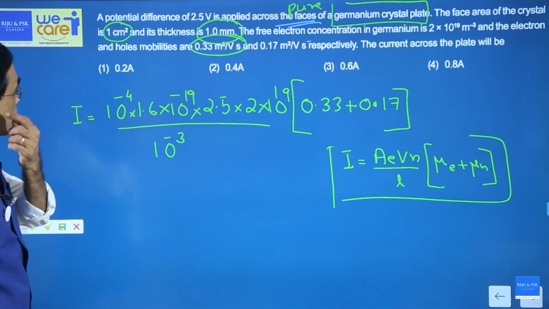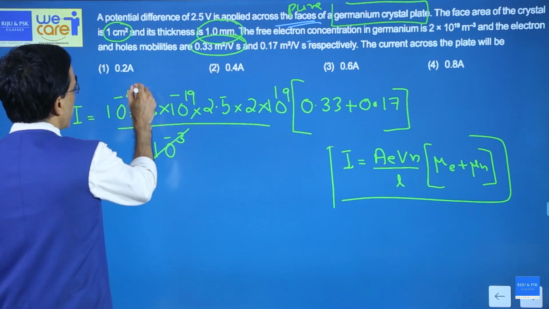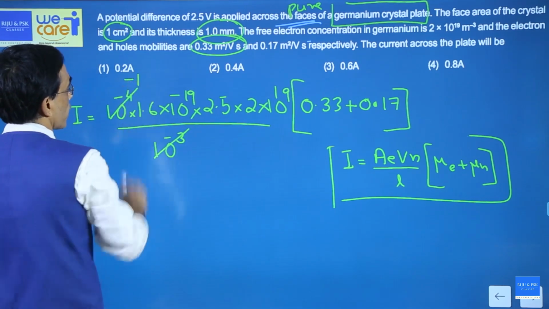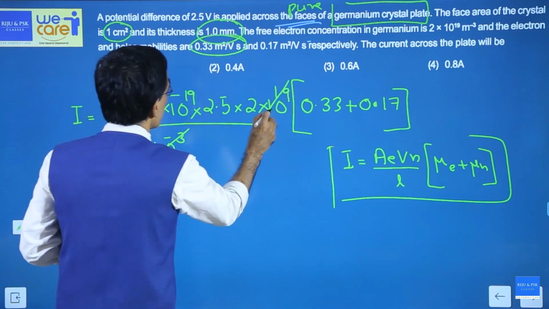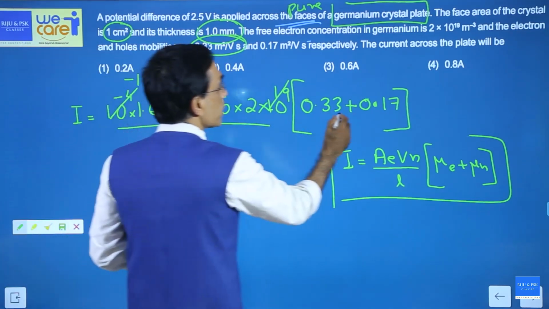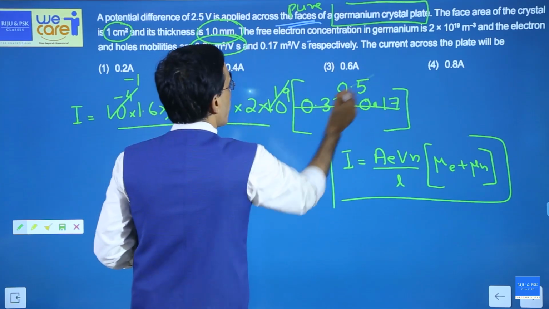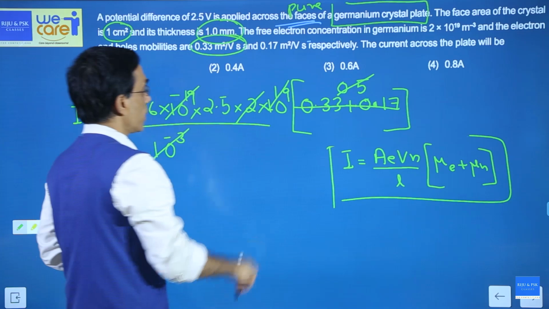Okay, I think this calculation is pretty easy. 10 to the power minus 3 cancels, giving 10 to the power minus 1. 10 to the power 19 will cancel 10 raised to minus 19. 0.33 plus 0.17 will give you 0.5. 0.5 into 2 gives you 1.